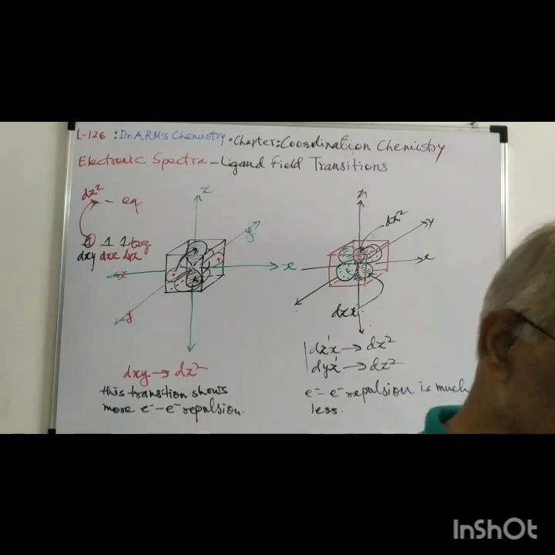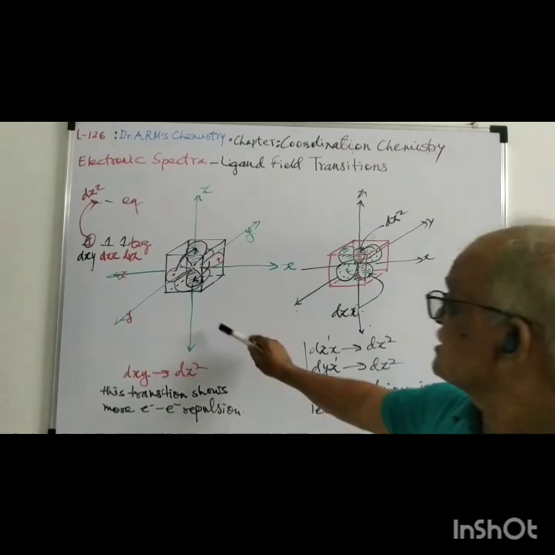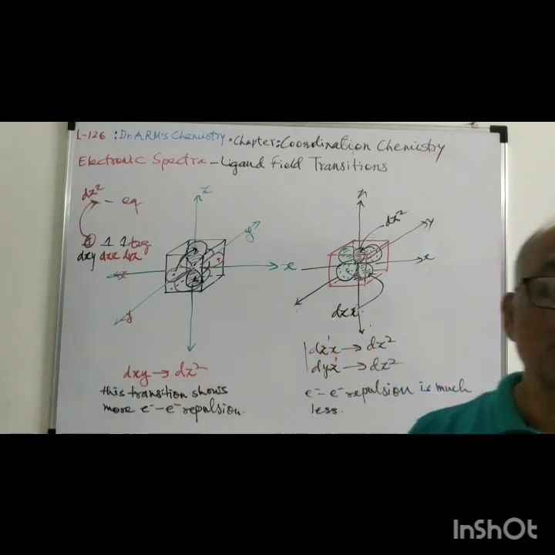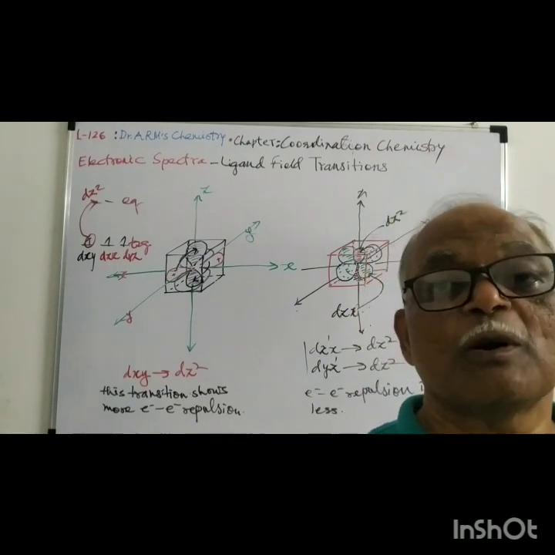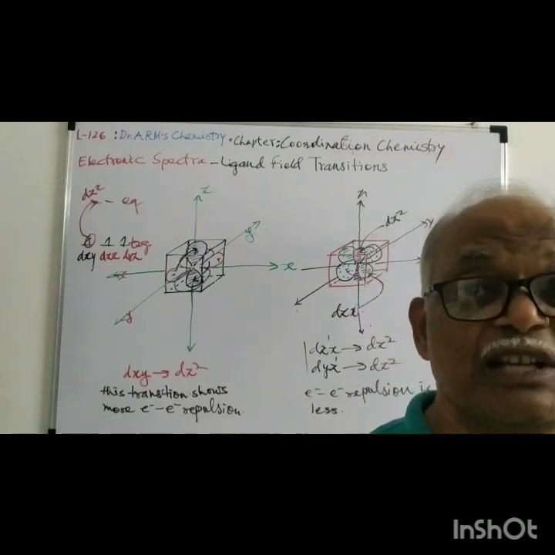So as a result, it gives two distinct bands. Because of this, we have seen the appearance of two larger bands in the spectrum.